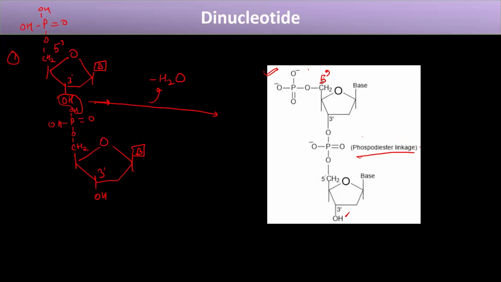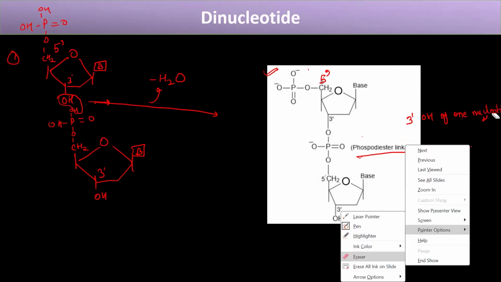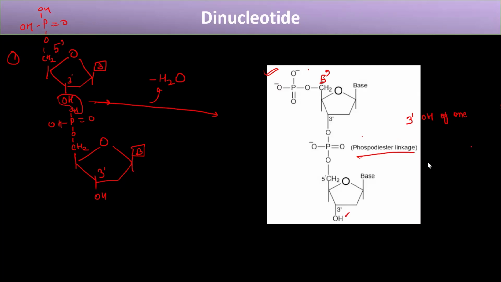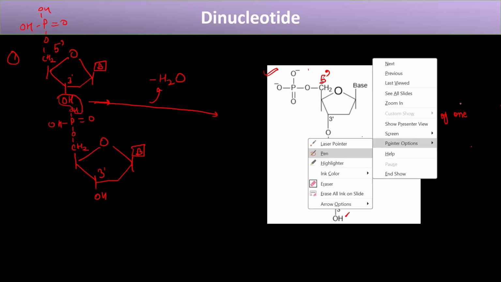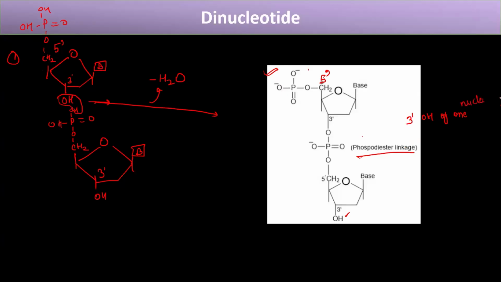This phosphodiester linkage is formed between the 3' OH of one nucleotide sugar, that is this sugar, and the 5' phosphate of the other nucleotide.